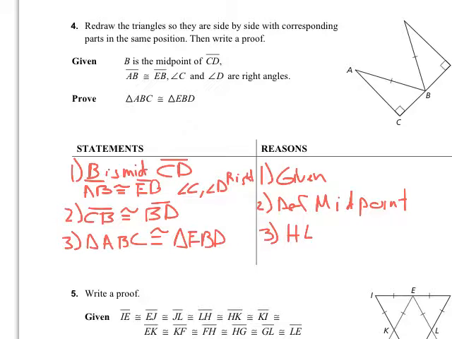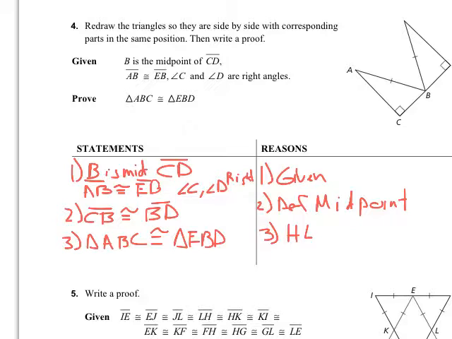Okay. All right. It also tells us an important step, so you guys need to realize this. If you are ever going to use hypotenuse leg, remember, you have to say that they are right triangles, okay? So it tells us that angle C and angle D are right, telling us that those are right triangles, okay? So once we know that we have the right angle in there, then we know we can use hypotenuse leg. So it gave us the hypotenuse in the given.